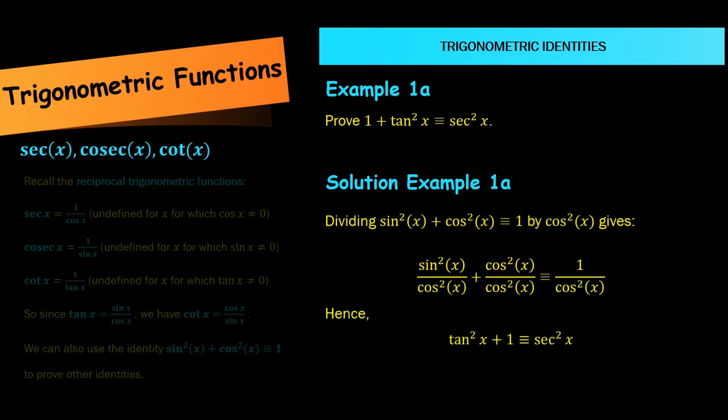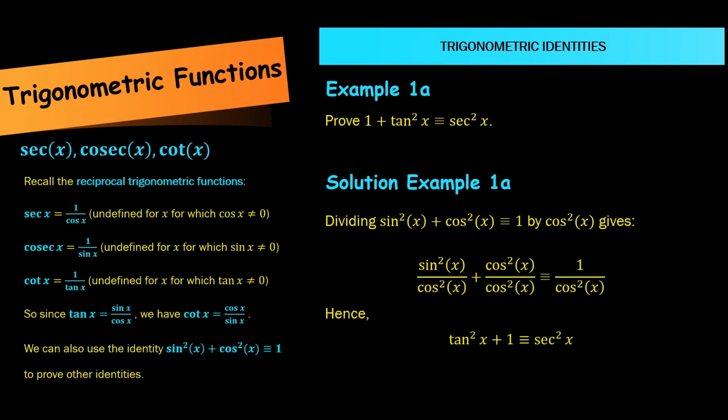This gives us tan²x, since tan x equals sin x over cos x, plus 1, since cos² divided by cos² is 1, is identical to sec²x, since sec x equals 1 over cos x. And therefore we've proved the result.